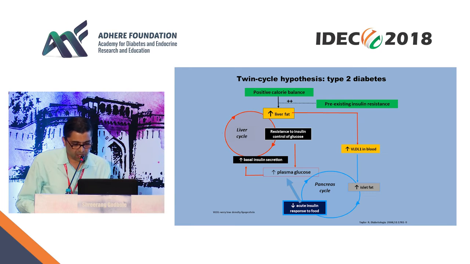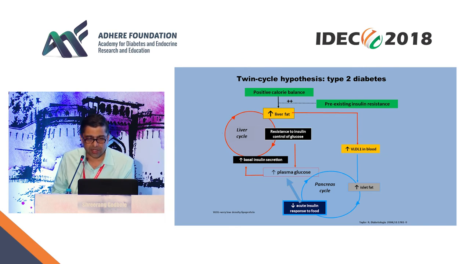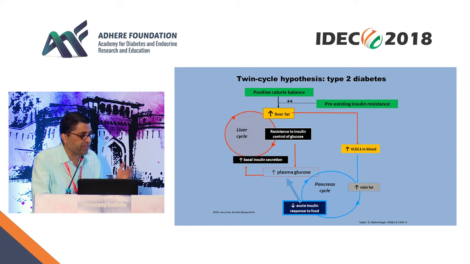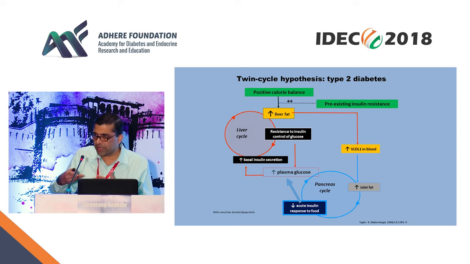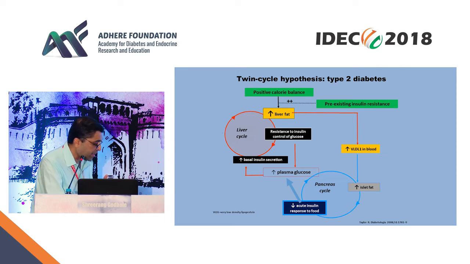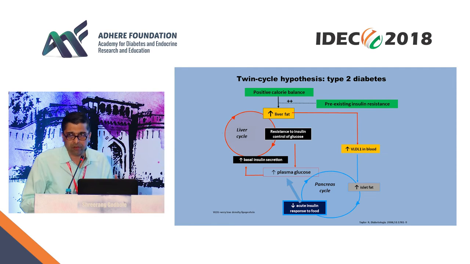So with the result, when there is exposure of the islet to this hyperglycemia, as well as increased triacylglycerol, the insulin response to food decreases, and that perpetuates the hyperglycemia. So another vicious cycle is set off at the level of the pancreas.